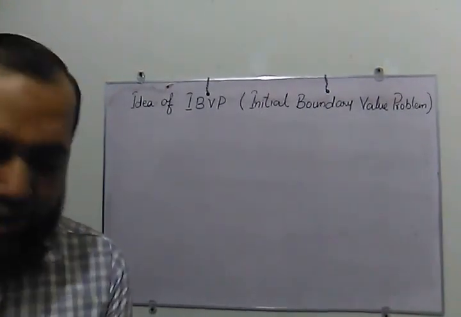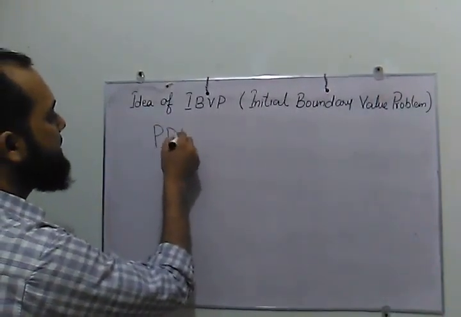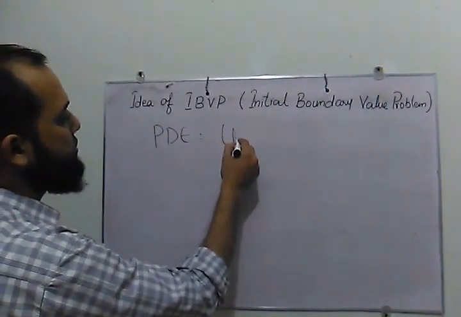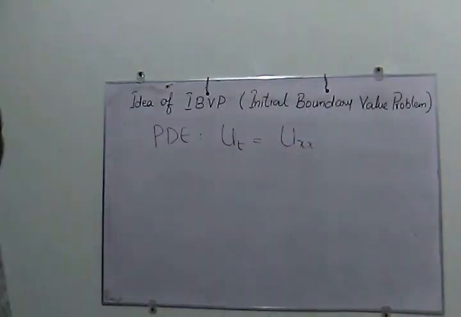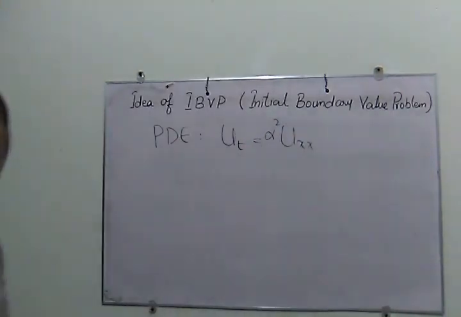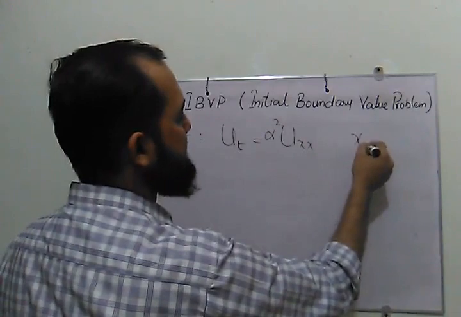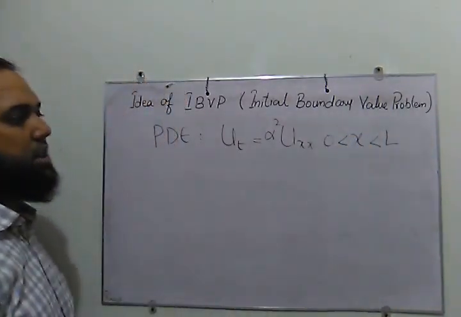Now I tell you how we write this. We have the PDE as ut is equal to alpha square uxx. X is greater than 0 and less than L. This is the length of the rod.